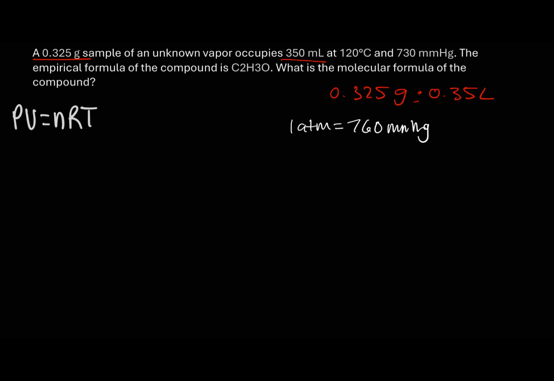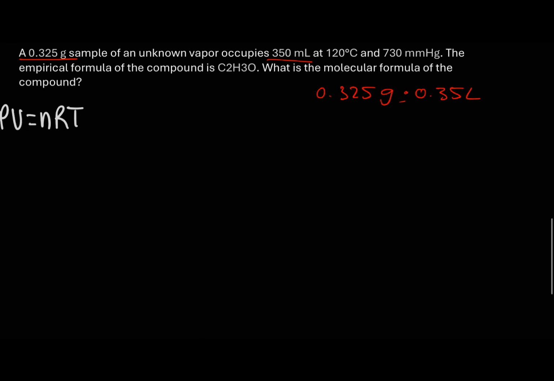So with this information, we can find out how much we have by dividing 730 by 760, leaving us with 0.96 atmosphere.